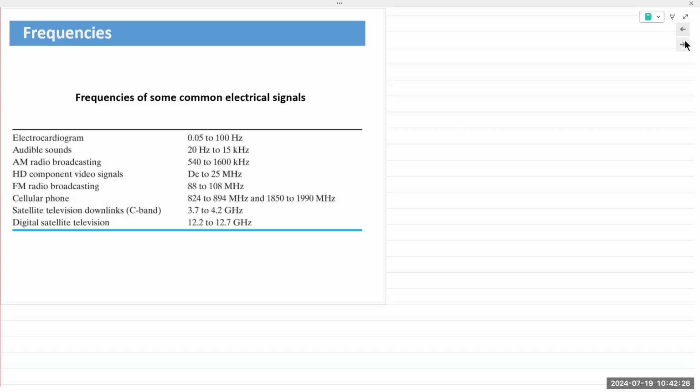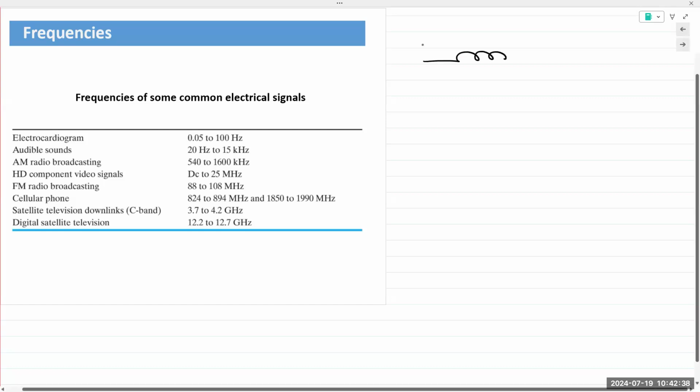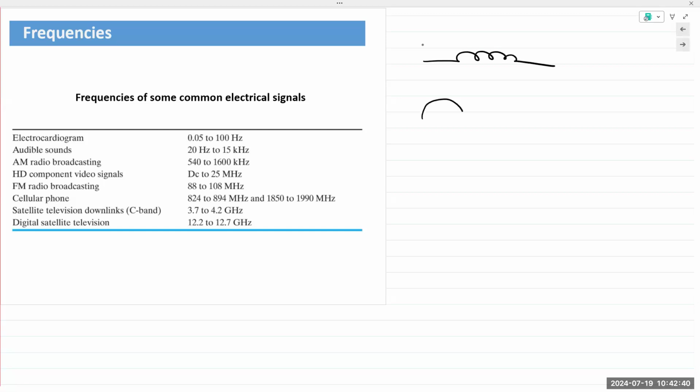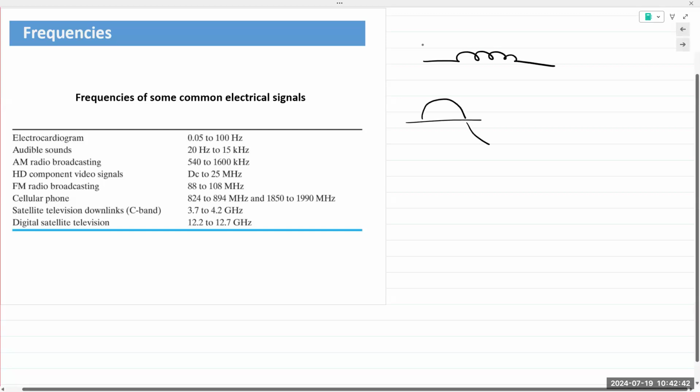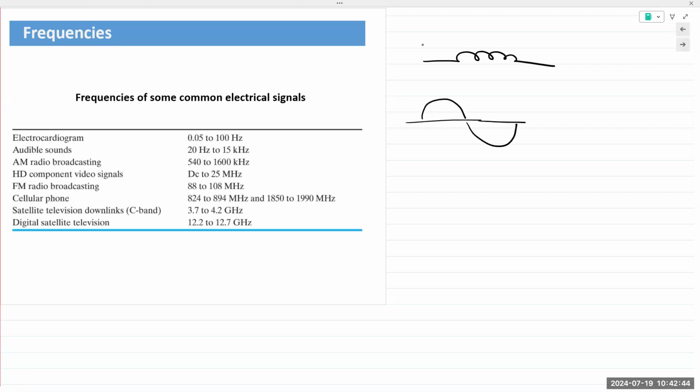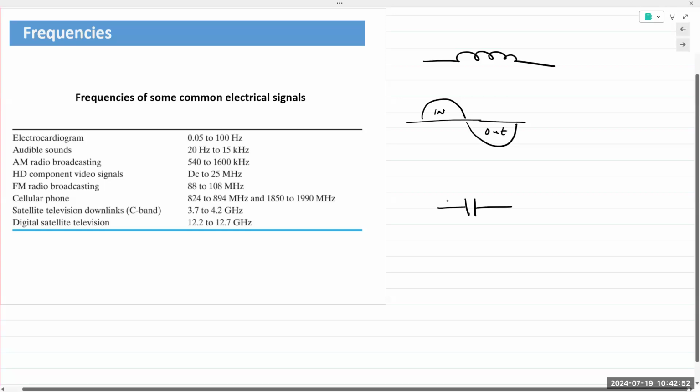So if the input changes, say, positive half cycle of the signal, energy flows into the inductor. Negative half cycle, it flows out. If you have a capacitor, it's the exact opposite.